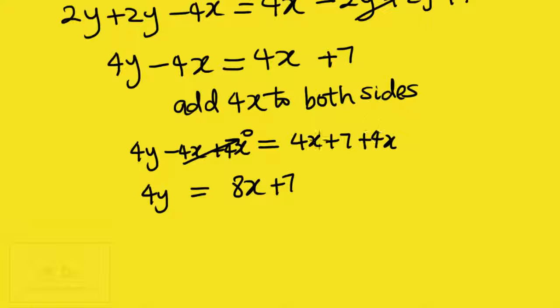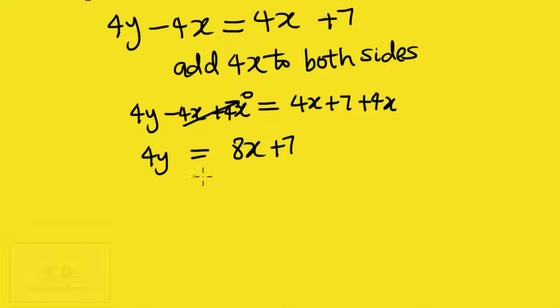If you rearrange and put like terms together on the right-hand side, you get this. As you can see, y has not been eliminated, and there's a reason, and I'm going to tell you why. Just notice there's still y present and there's still x present, but we followed the rules.